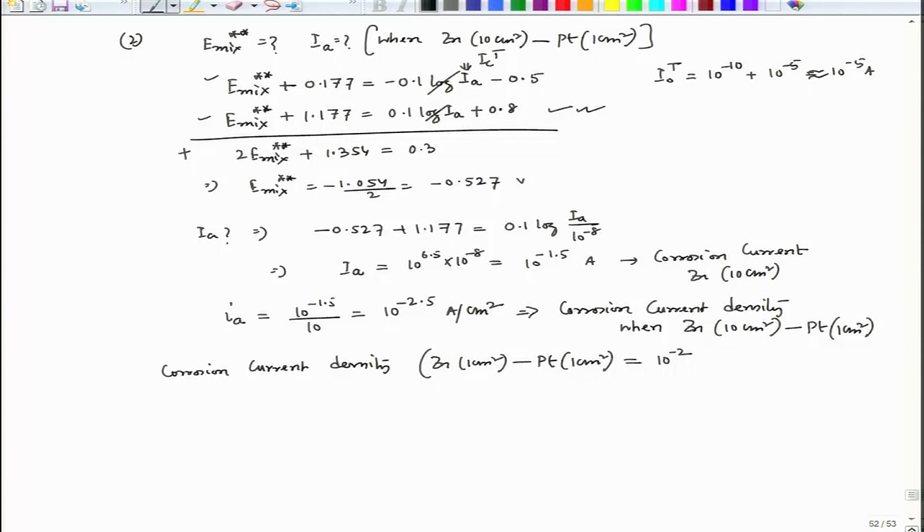So, I could see that IA for zinc 1 centimeter square and platinum 1 centimeter square is greater than IA for zinc 10 centimeter square and platinum 1 centimeter square.